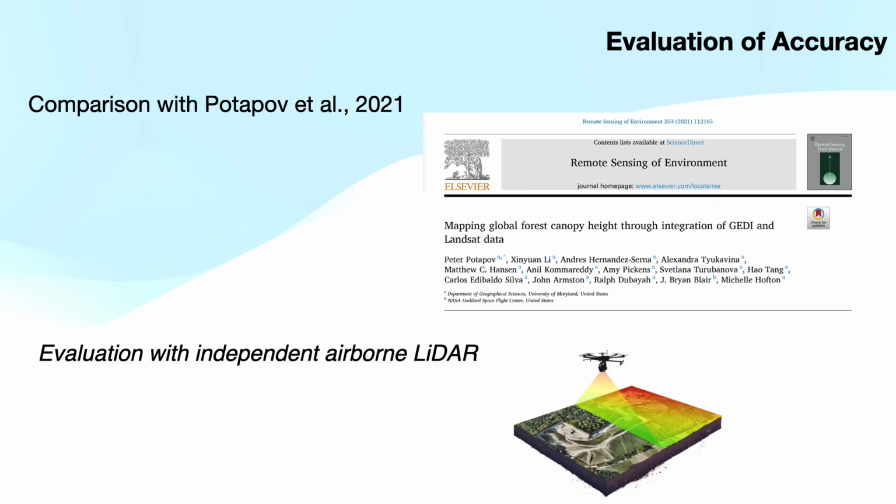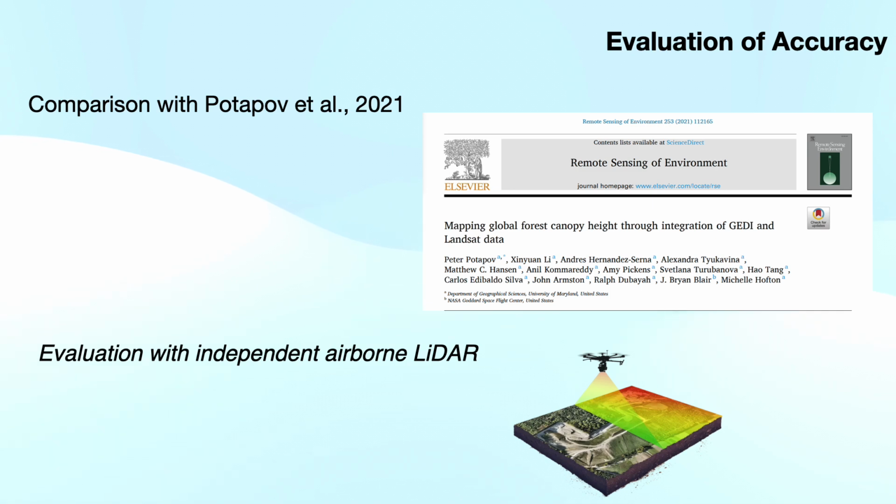Thirdly, they compared the accuracy with the previous model by Potapov et al. 2021, in which they also used LiDAR data from GEDI and merged it with Landsat data to produce a canopy height model.